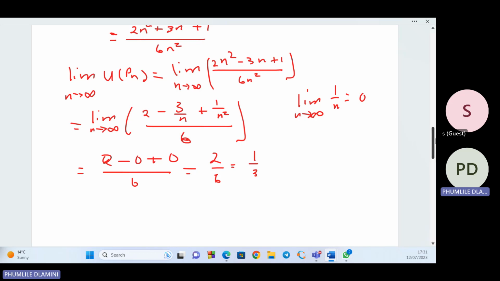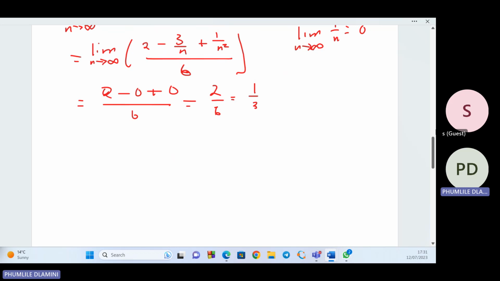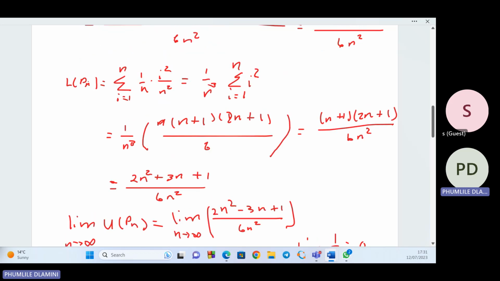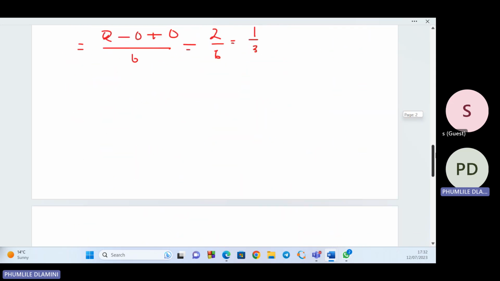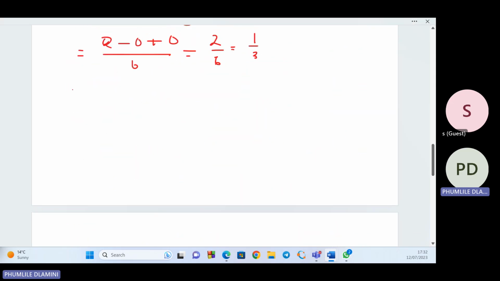Then we're going to prove again the limit. We just proved the limit of U of Pn. Then we are going to prove again the limit as n approaches infinity of L of Pn.